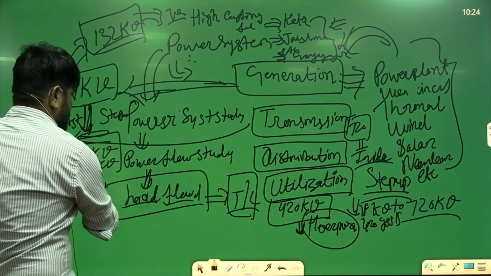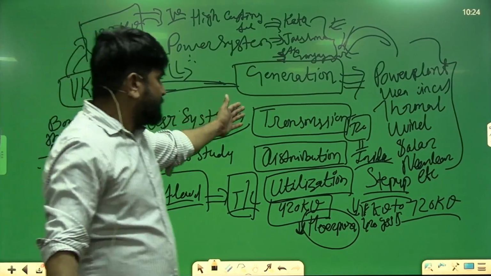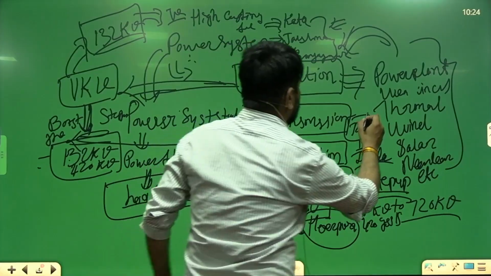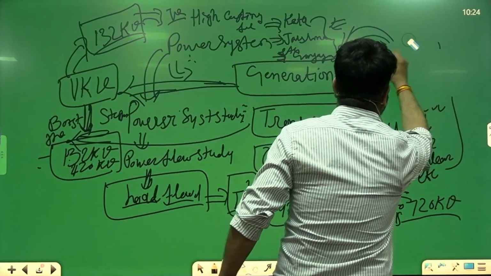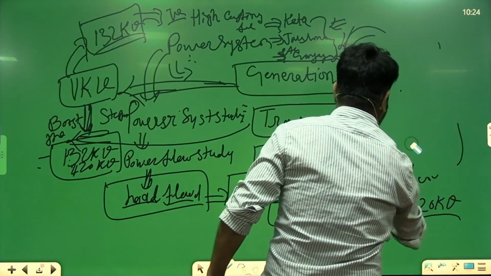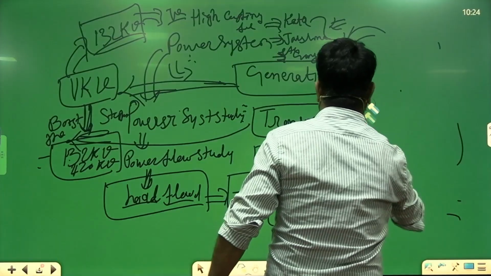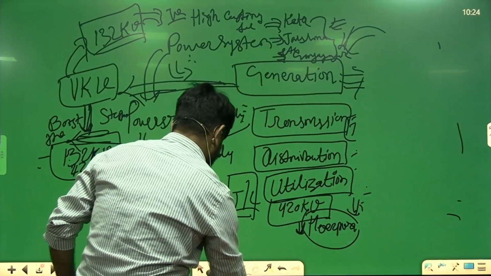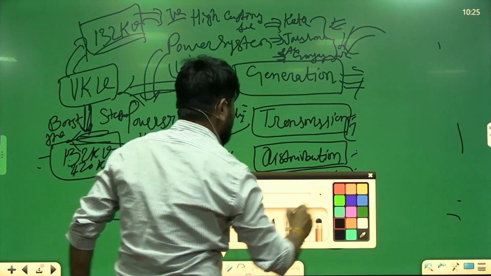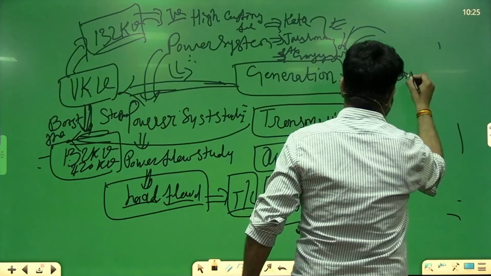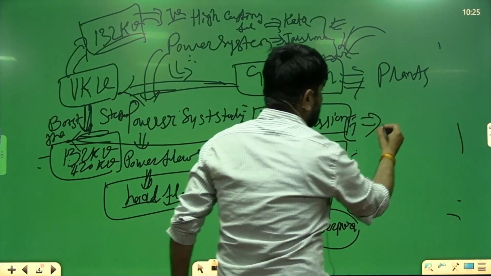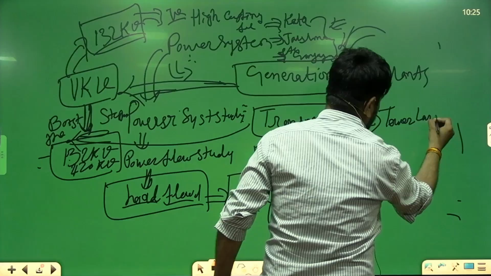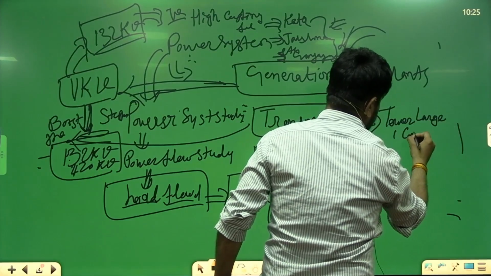This is the transmission. For generation we use plants, and for transmission we use towers and large conductors.